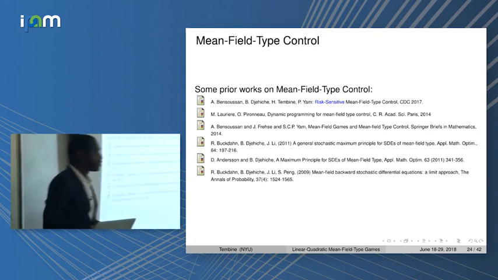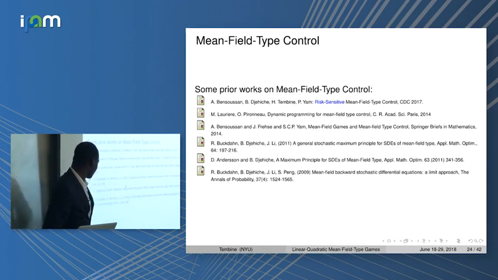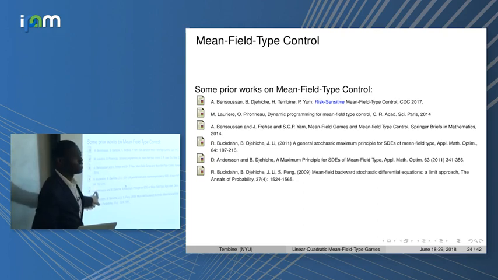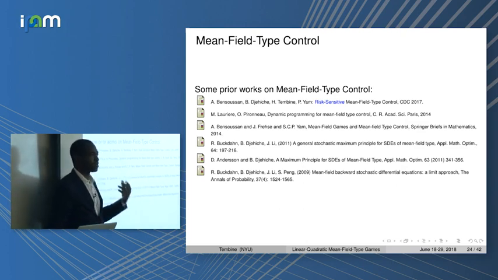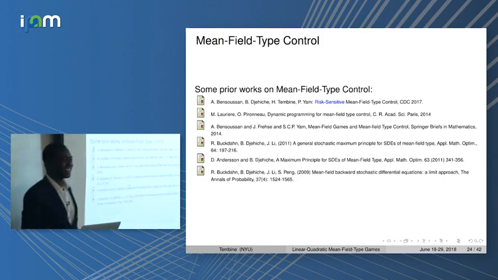Now, if you put time and so on, this was done mainly by Boualem Djehiche from KTH and his co-authors. The mean-field type control problem, with a function of the expected value appearing, and optimality conditions for it, a maximum principle for that. That appeared in 2009 or 2011.